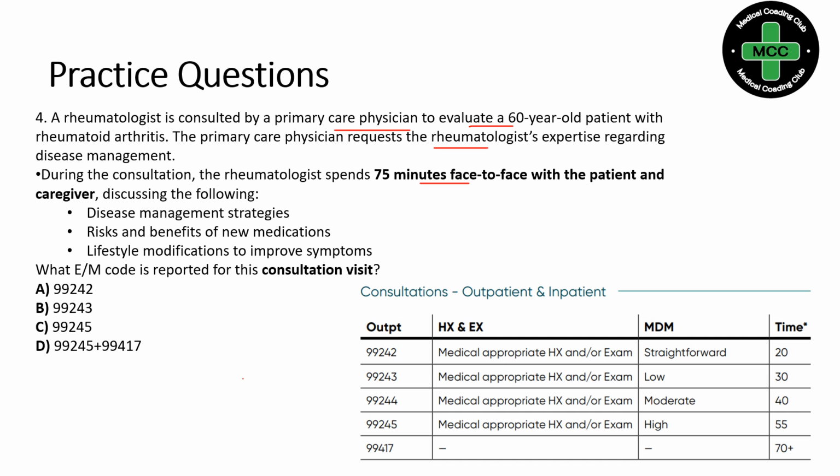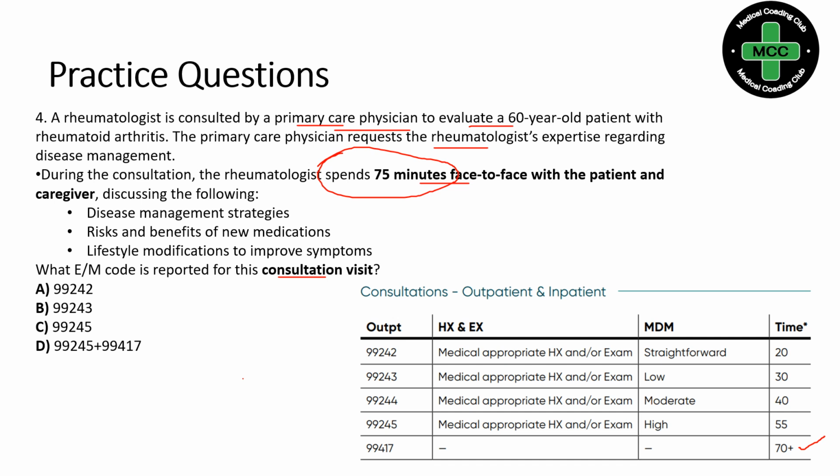What E/M code is reported for the consultation visit? You can see the total time he has spent is 75 minutes. According to our time guideline, we are getting 75 minutes here.